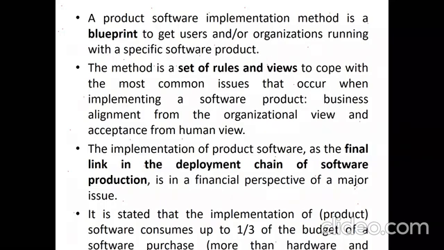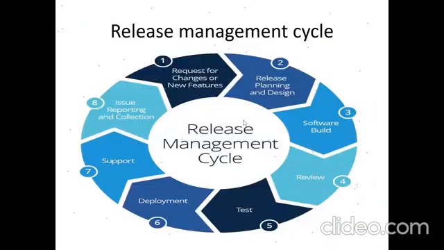It is also a set of rules and views to cope with the common issues of the software product. And now this is the final phase in the deployment chain of the software production, or it is the final stage in the software development cycle. So 1/3 of the budget is given for this phase, that is the implementation phase. So it is also given much care and attention.